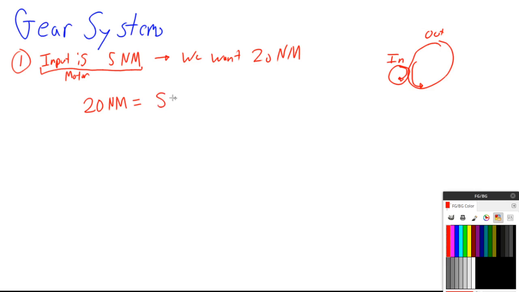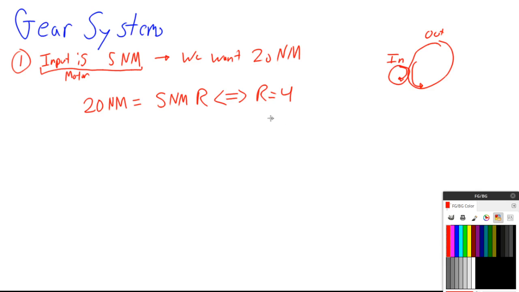We have two unknowns, so I'm just going to put an R here. This is pretty easy to solve for R. R equals 4. That means for every input tooth, I have to have 4 output teeth.